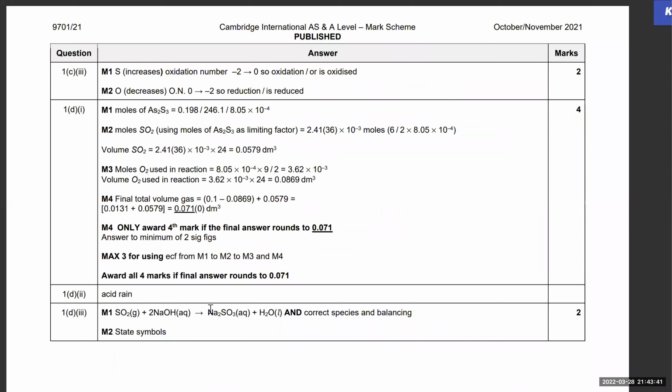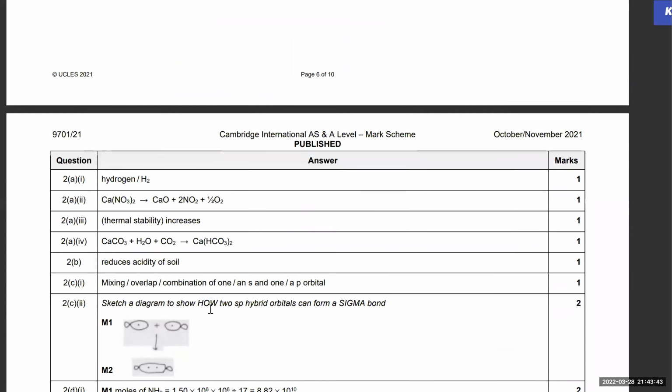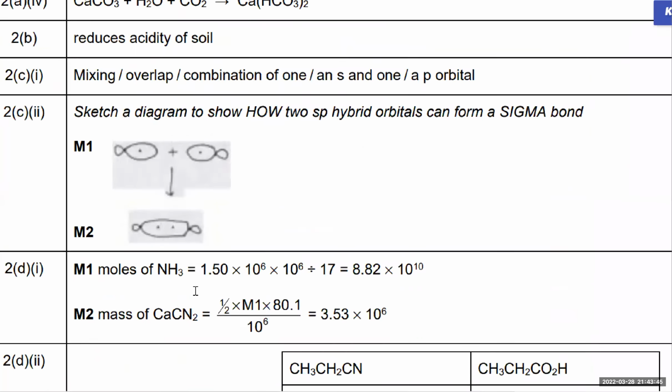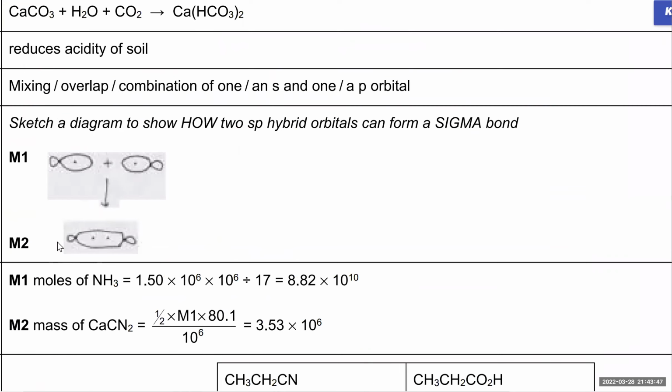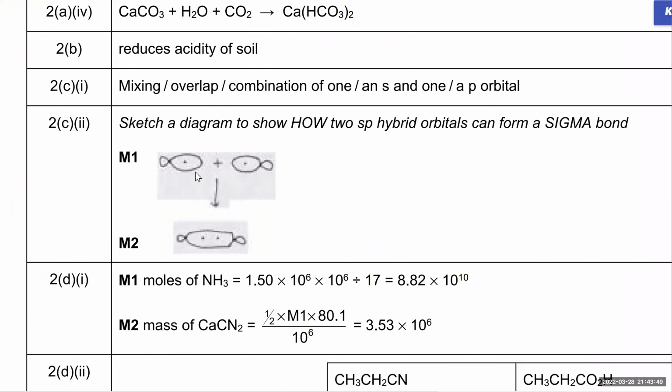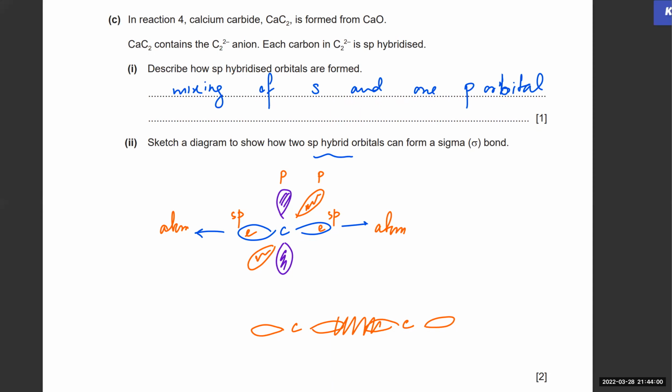That's it, the middle part. I think they actually wanted to see that as well. So sketch 2 sp orbitals that can form a sigma bond. 1 mark is for this, and the other one is for this. So you have to actually show how it works.